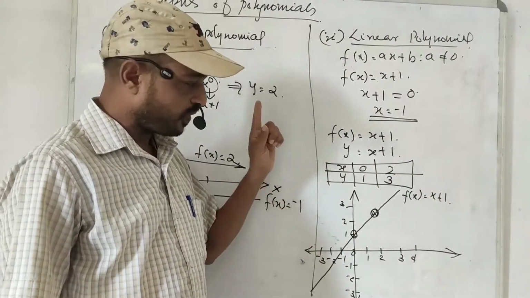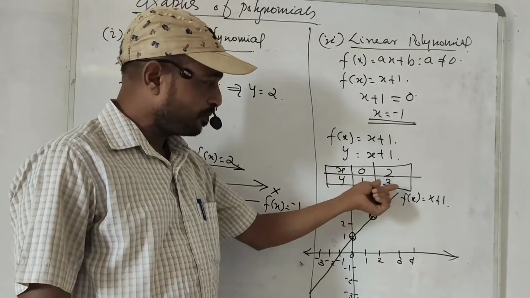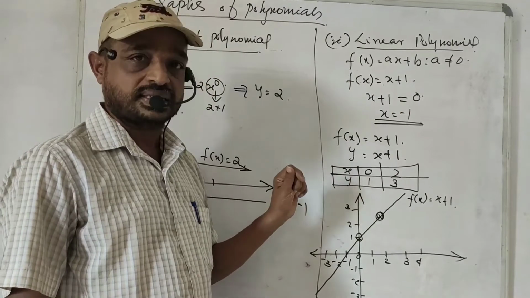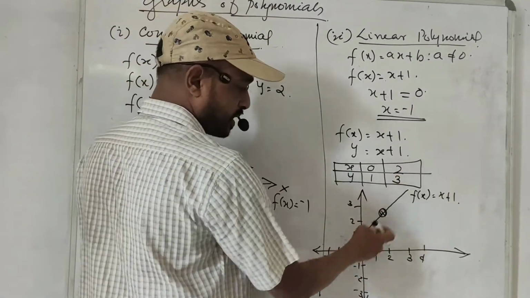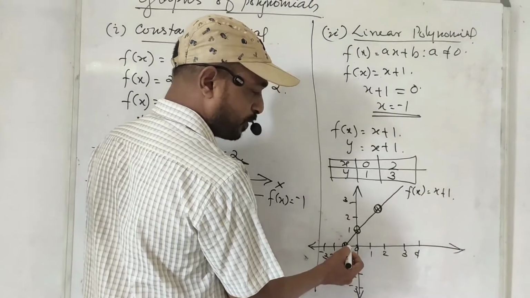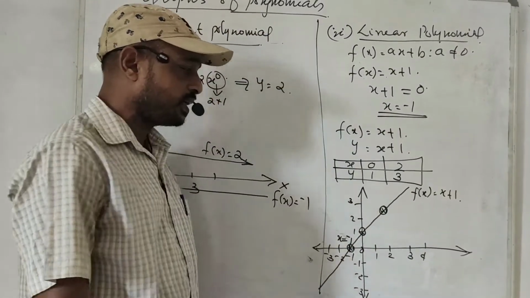How will you find out the zero of this polynomial graphically? We have seen that to find out the zero of a polynomial graphically, just obtain the point of intersection of the graph of the polynomial with the x-axis. The graph intersects the x-axis at this point, and it is clear that this point is x equal to minus 1.